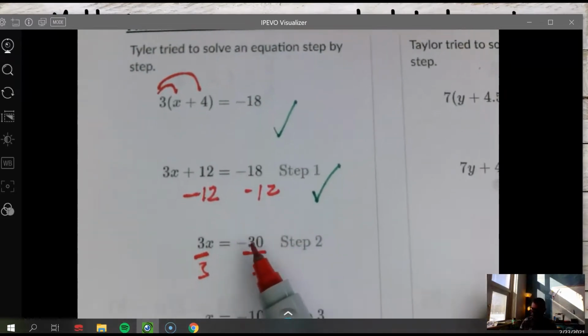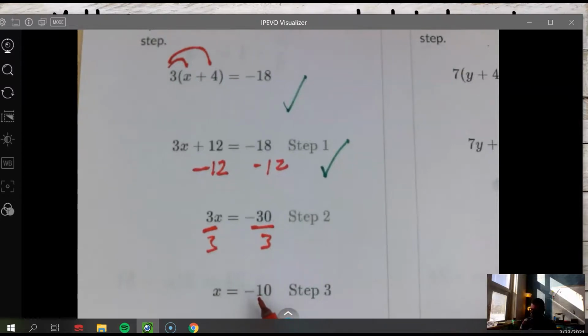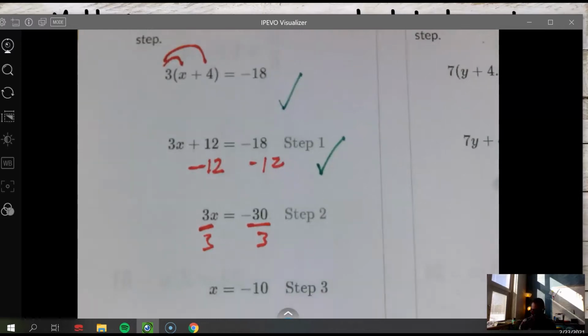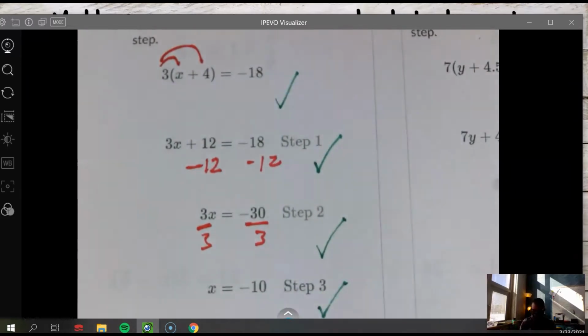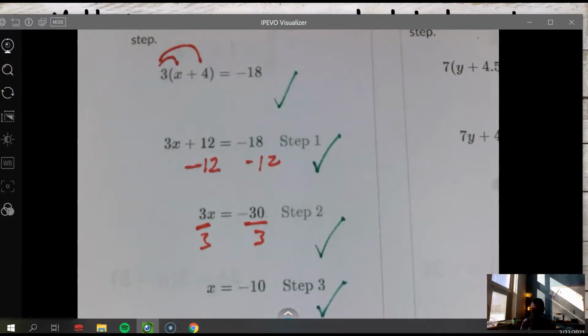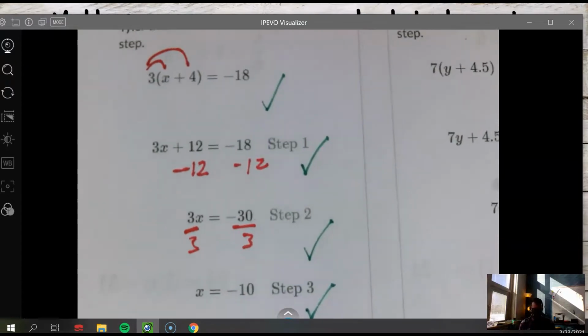Did he do that correctly? Yeah, I think Tyler's good. So figure out where Taylor made his mistake and figure out where Bryce made his mistake.